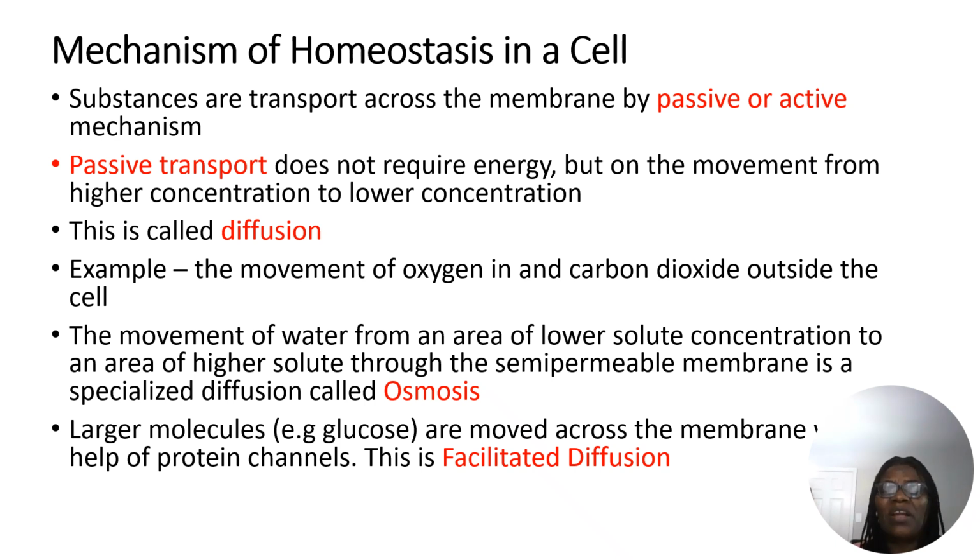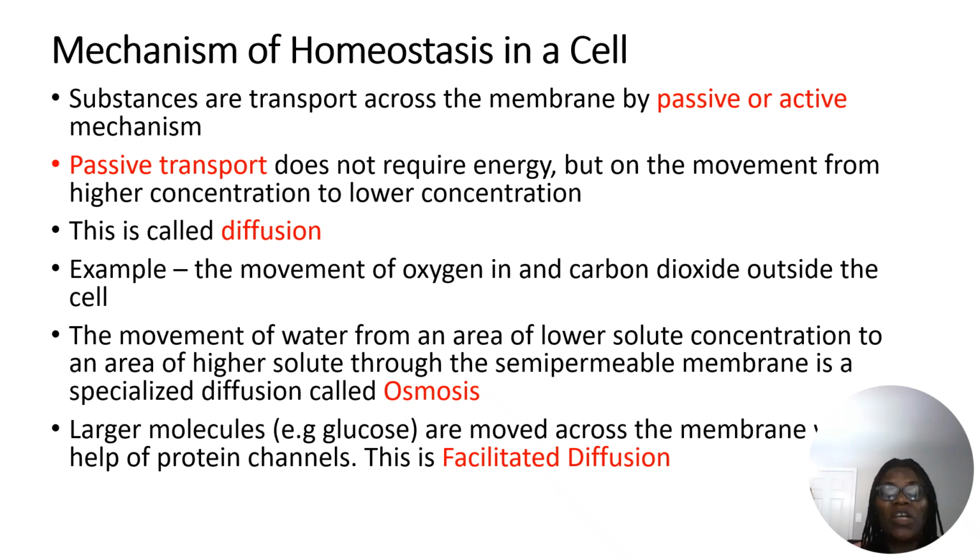And we have another type of diffusion process that is referred to as osmosis. What we need to know in this case is that a semi-permeable membrane is involved. That is a membrane that will allow certain things to pass and will not allow other things to pass.